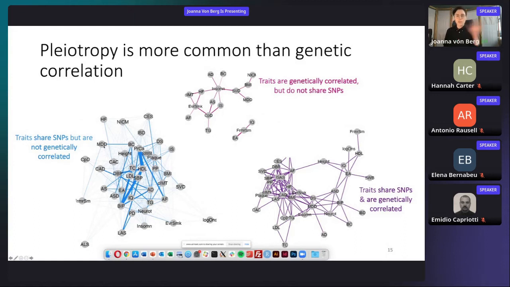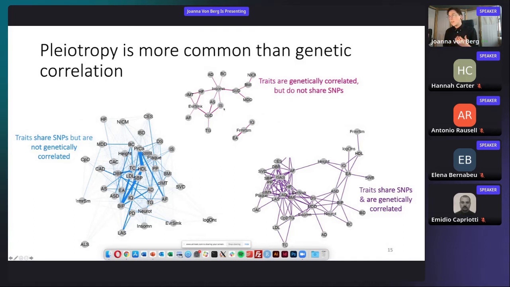So they were in the first PolarMorphism network, but they are not significantly genetically correlated. And this can happen if some SNPs are shared, but the rest of the genetic architecture of the traits is independent.